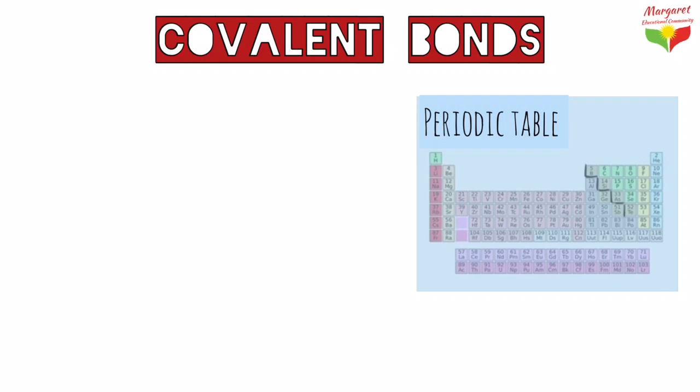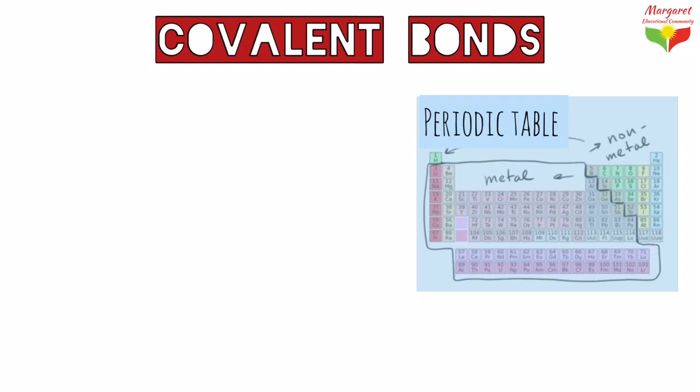You want to follow the staircase. With the exception of hydrogen, everything to the left of this staircase is metal, and everything to the right is a non-metal. The only exception is hydrogen. So the metals are everything inside of this black line, and the non-metals are everything outside of it.